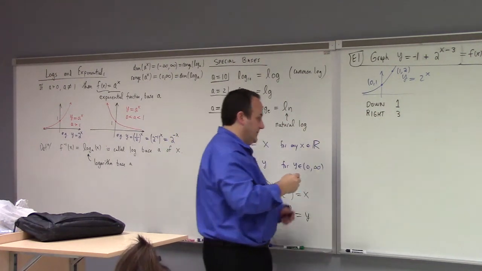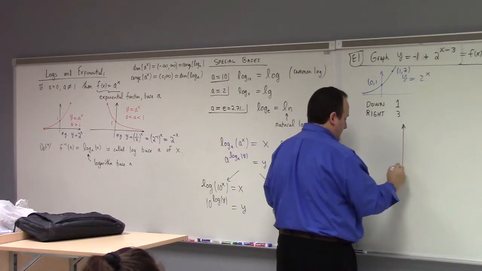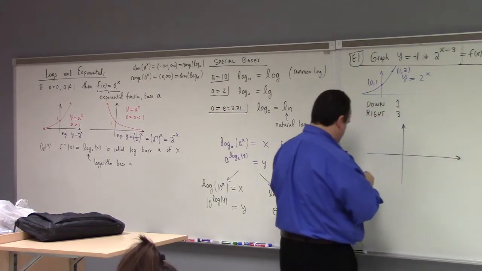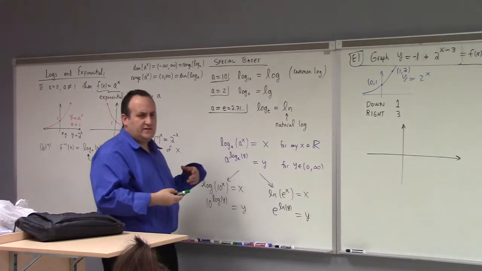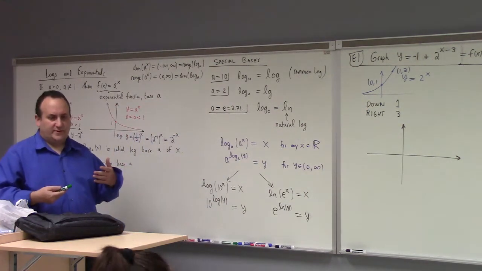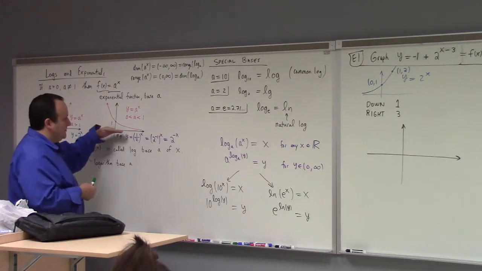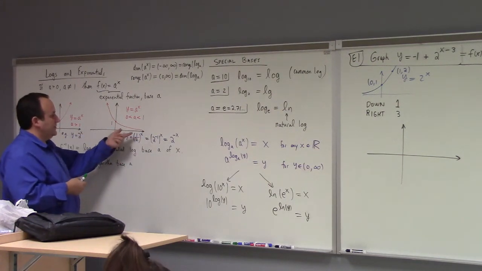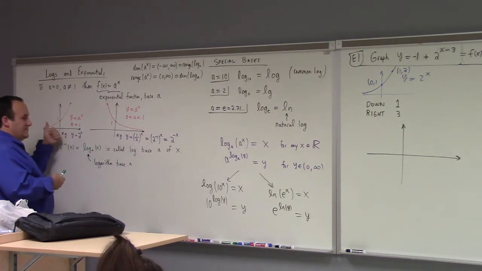That's our graph. I would point out every exponential function has a horizontal asymptote. It just doesn't go both ways. For a base less than 1, the horizontal asymptote is to the right. If the base is larger than 1, the horizontal asymptote is to the left.